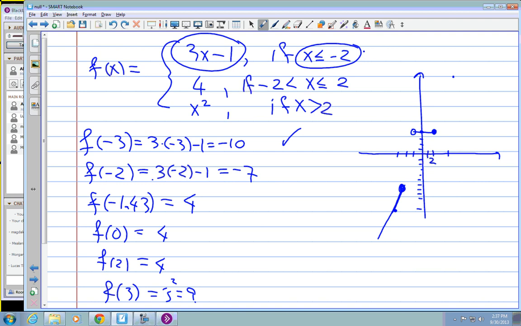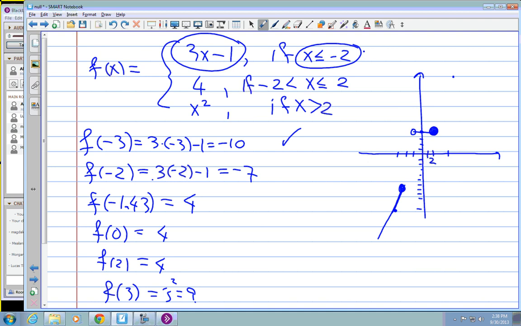It's a parabola. But what happens with that parabola? I want to know how high it is. If I take 2 and plug it into my parabola, where is it going to start? If I take 2 and plug it into x squared, what do I get? 4. So it actually starts at this point, doesn't it?